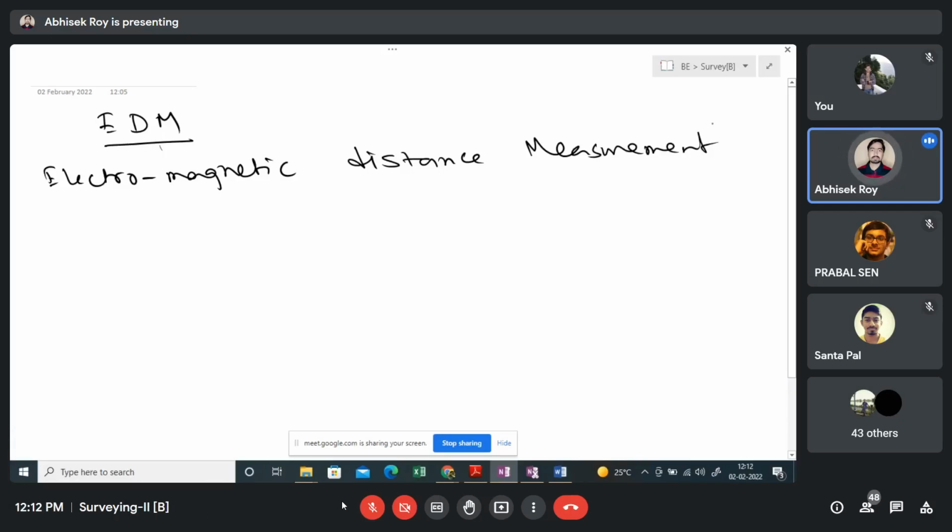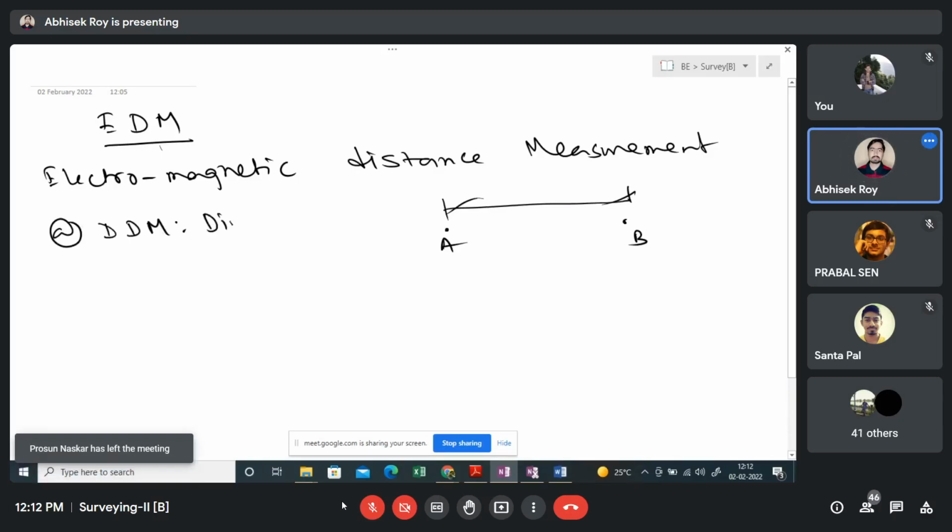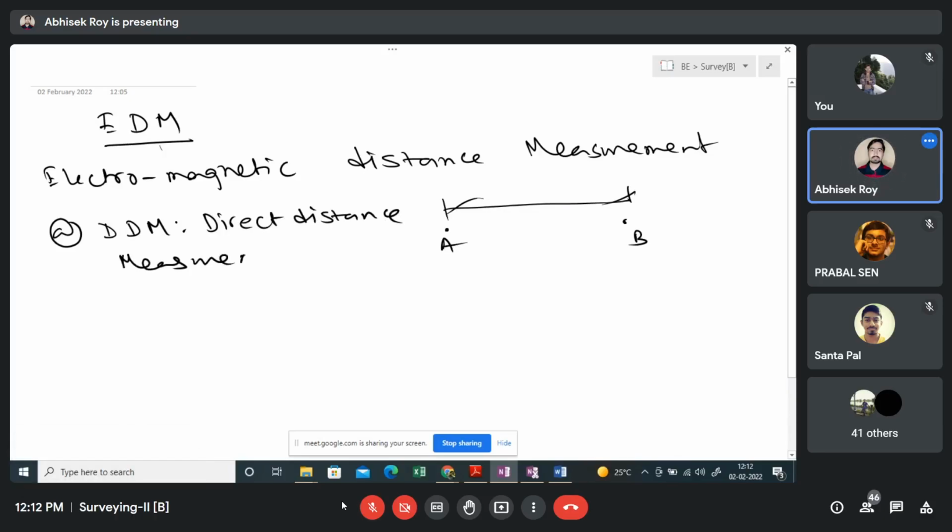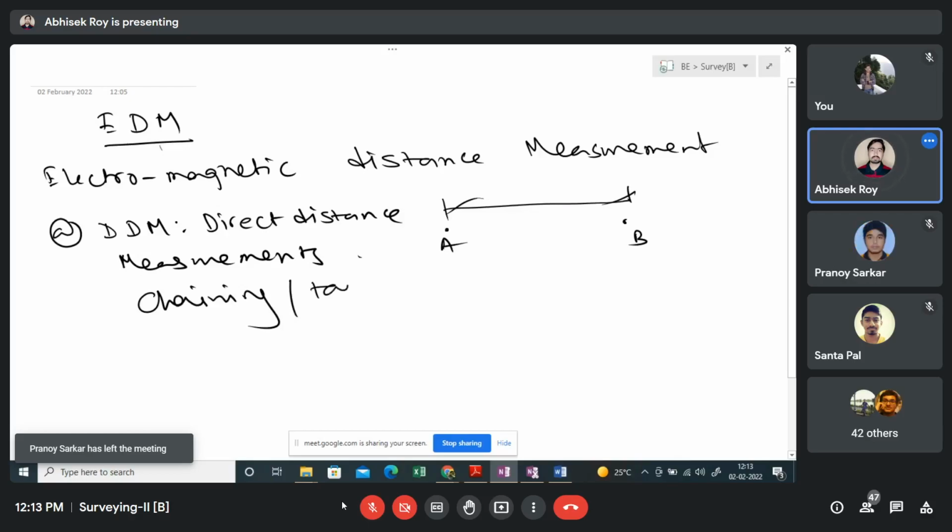Now, there are three methods of measuring the distance between any two given points, say between point A and point B. One is called direct distance measurement, which is done either by chaining or taping.